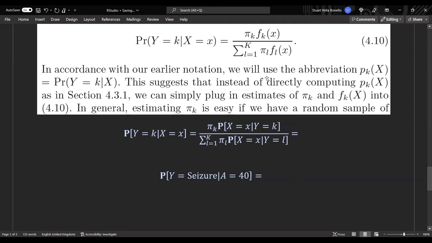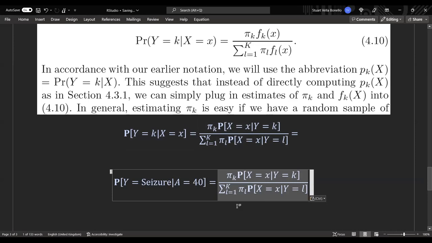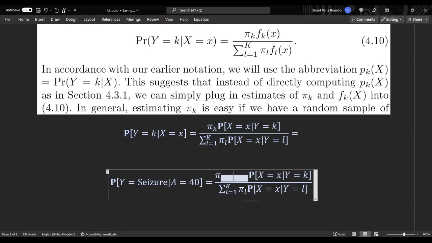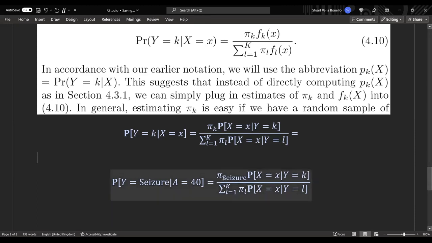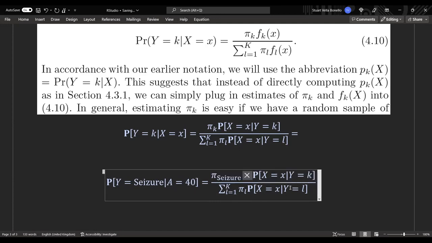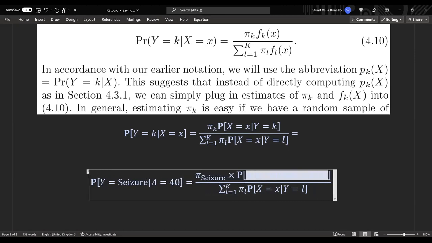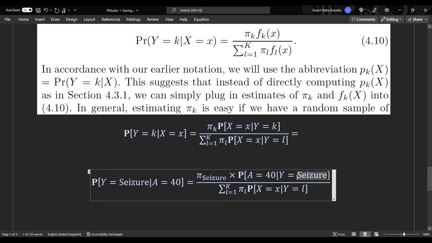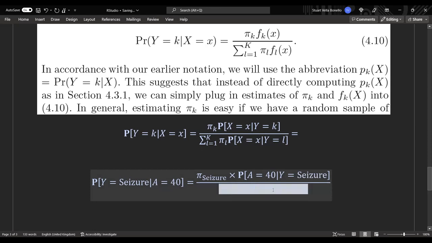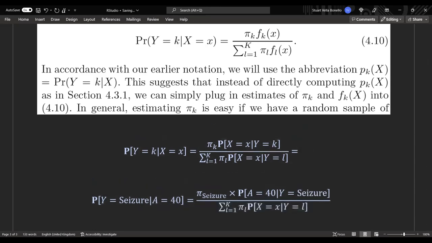So the first class, second class, etc. So what we're saying over here is your prior estimate of the probability of seizure, times, primary school multiplication between two real numbers, the probability of age 40 given Y equals seizure, divided by, let's say that we only have two classes so that everything fits in. Let K equal 2.